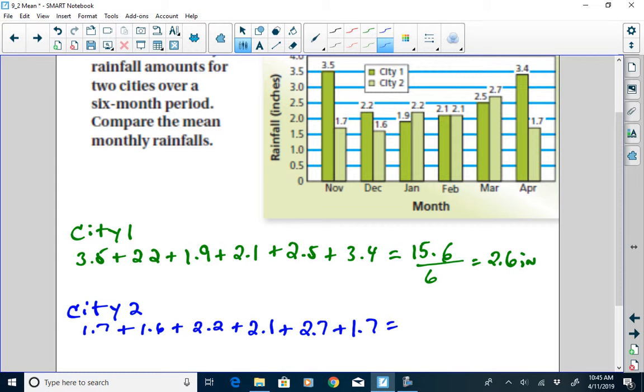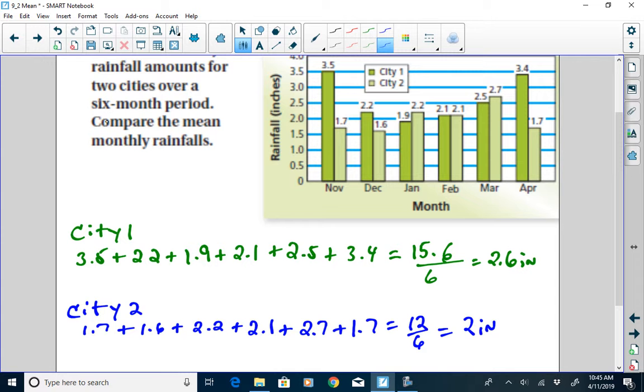So we want to find that sum. Let's see, 1.7 plus 1.6 plus 2.2 plus 2.1 plus 2.7 plus 1.7. We get a sum of 12 this time. We divide that 12 by the 6 months again, and we get 2 inches.